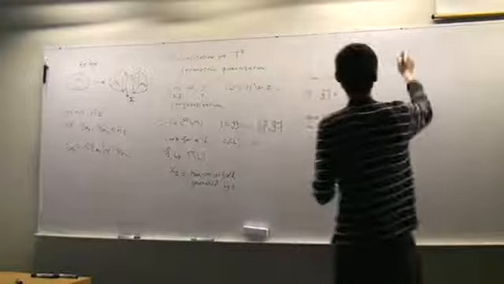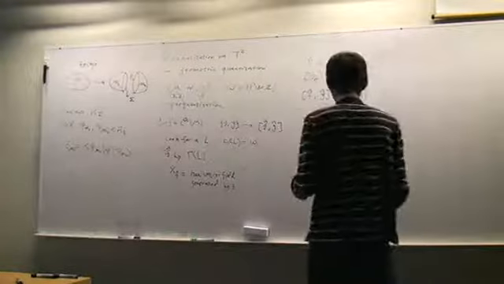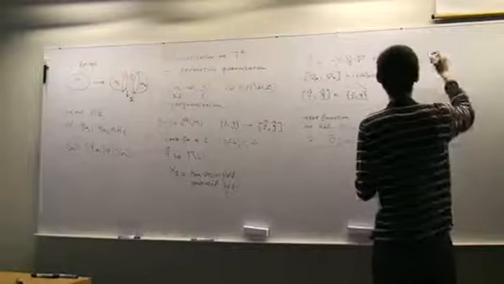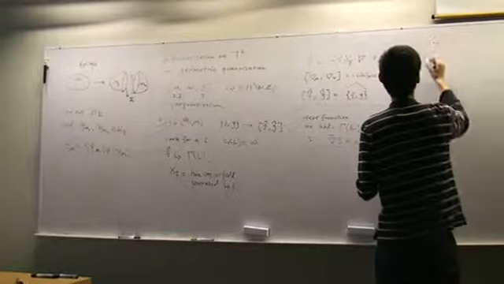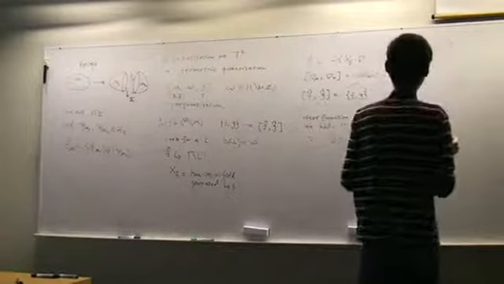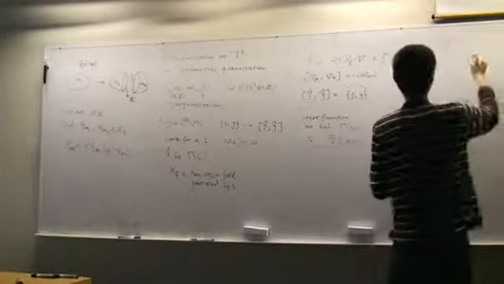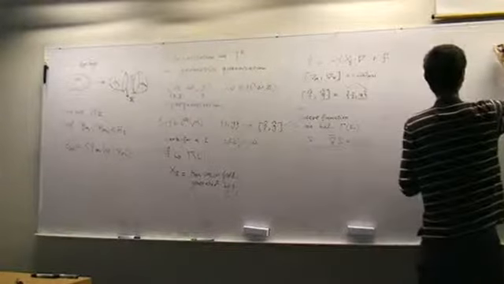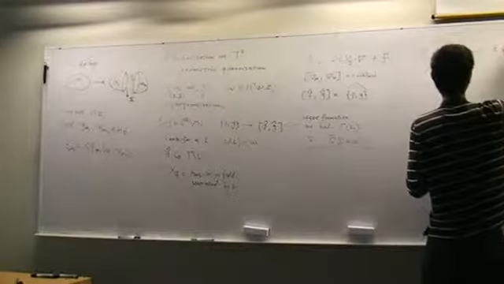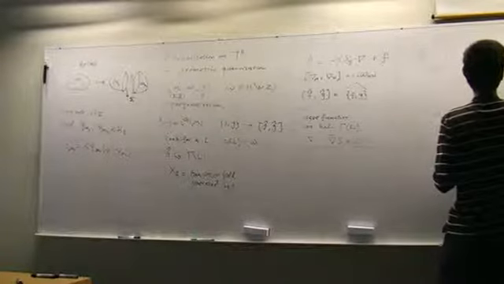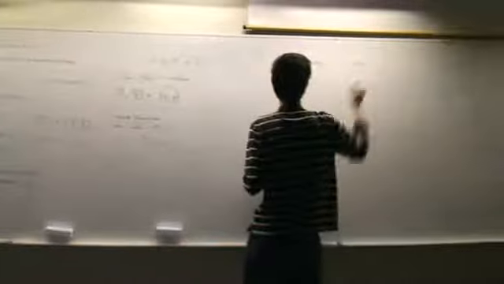Let me do an example. This example will be useful because it's a torus. Let the complex structure be tau, and this is 1. Then omega is k dx wedge dy, where k is an integer and x, y are in [0, 1].